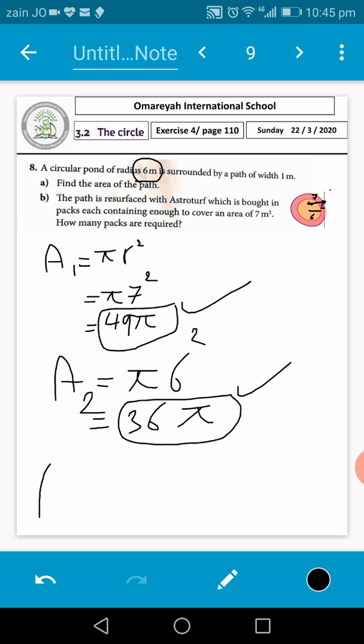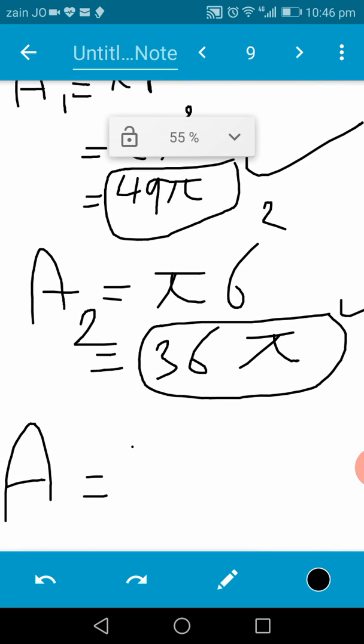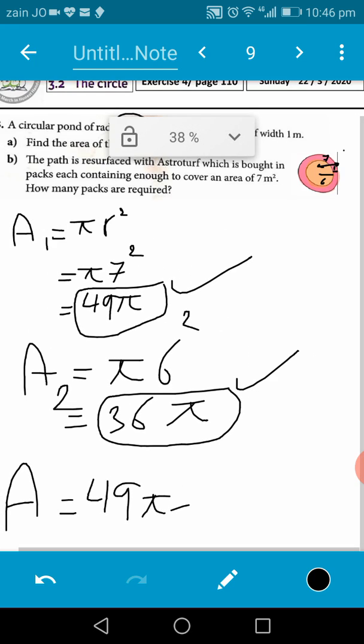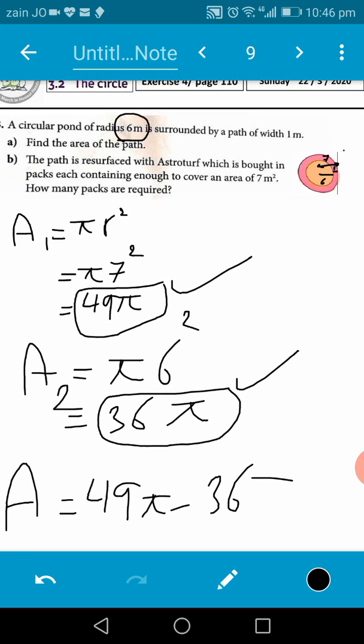Now find the area of the path. For the area of the path, you have to subtract the bigger circle, which is 49 pi, minus 36 pi. I just want to zoom. 49 pi minus 36 pi.